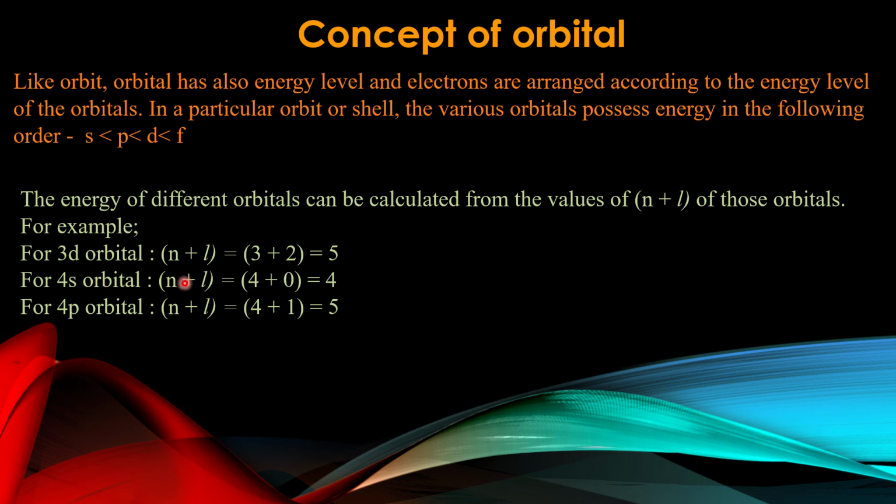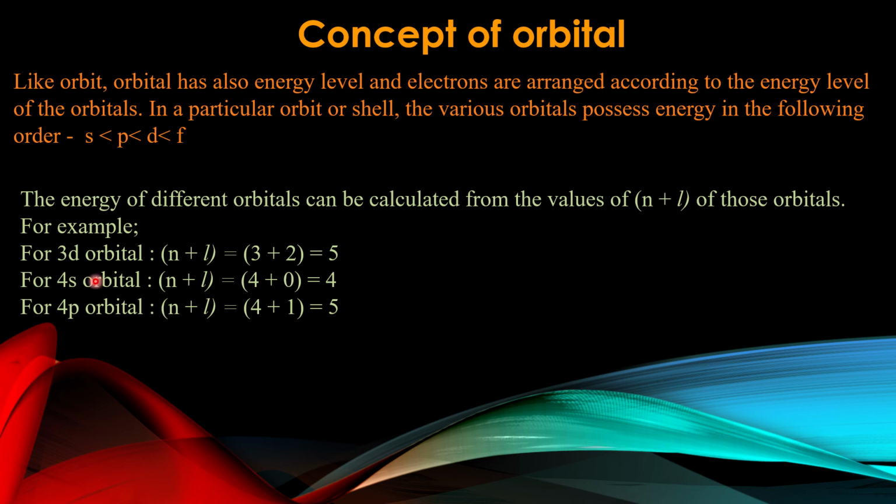For 3d orbital, the value of n plus L is 5, and also for 4p orbital, n plus L is 5. Now, if the value of n plus L is the same for any two orbitals, then you will see the value of n. Look, for 3d, the value of n is 3, and for 4p, the value of n is 4. The orbital which has more value of n has more energy if the value of n plus L is the same for two orbitals.